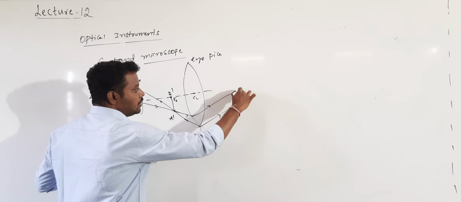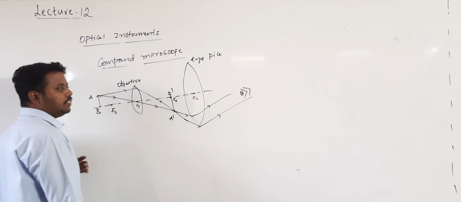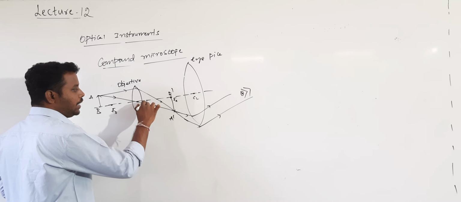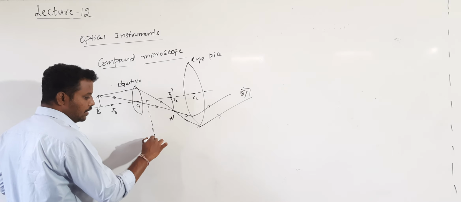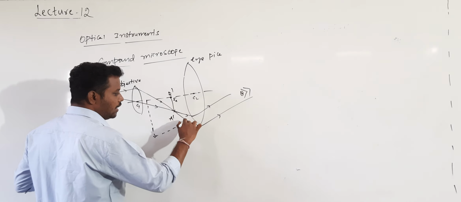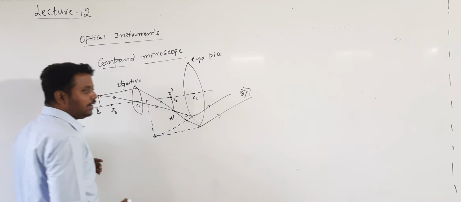The person is watching the image from here; this is the position of the eye. These two rays appear to be coming from a point, so here we get a virtual image. The image will be formed by the eyepiece at infinity.